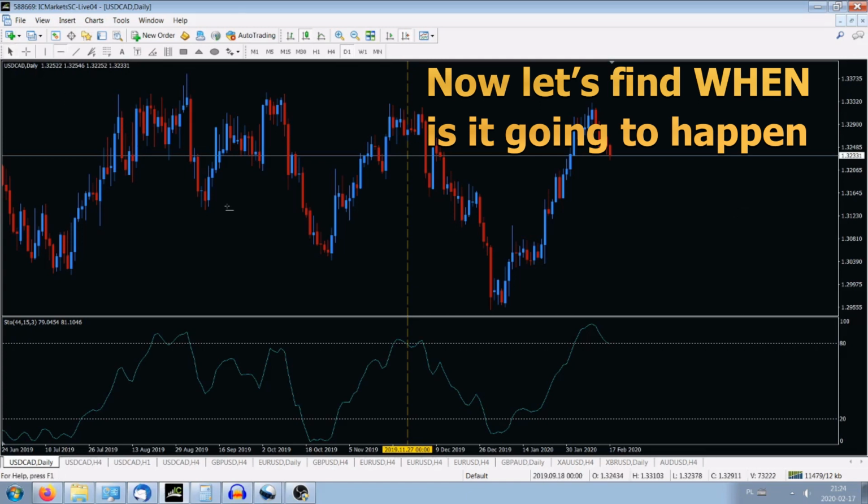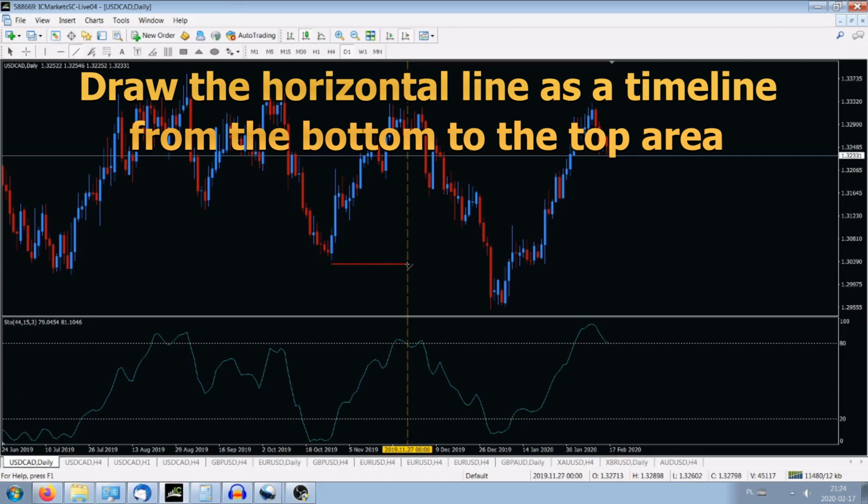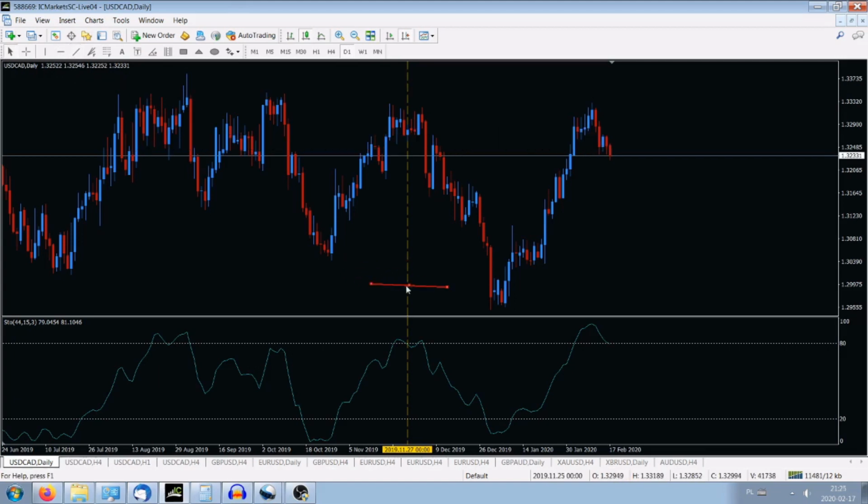And here I draw a line, not this one. I draw a line here like this, and I've got the line. Having this line, I know that from the impulse here, the price probably will return to the same area, because of this geometric area, and here comes the line.